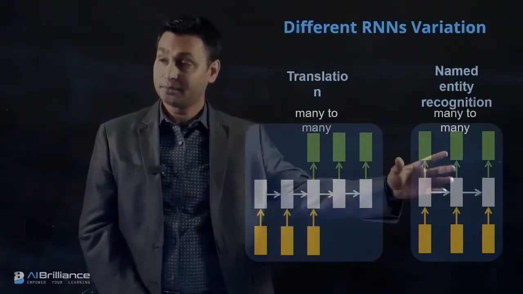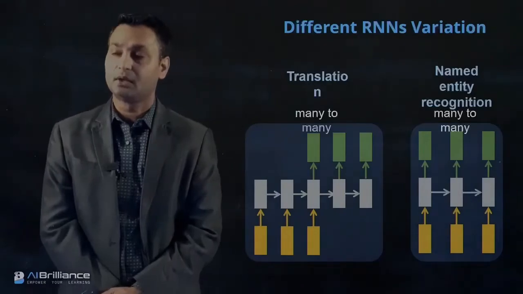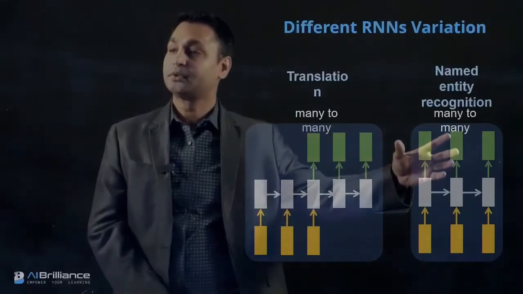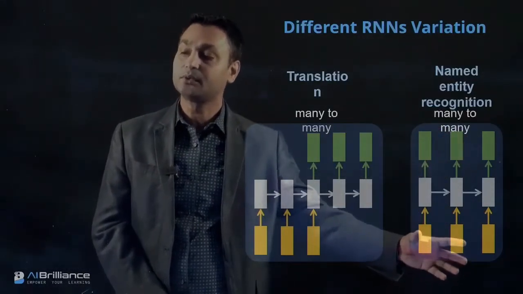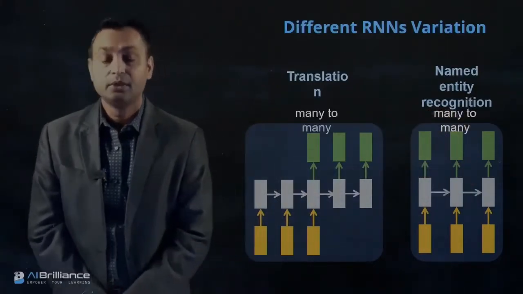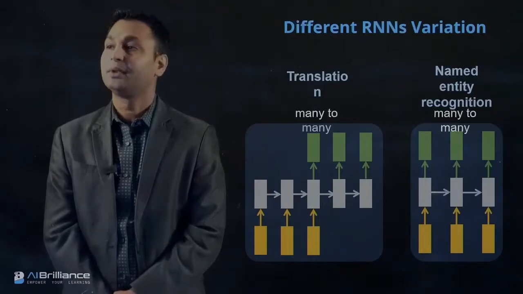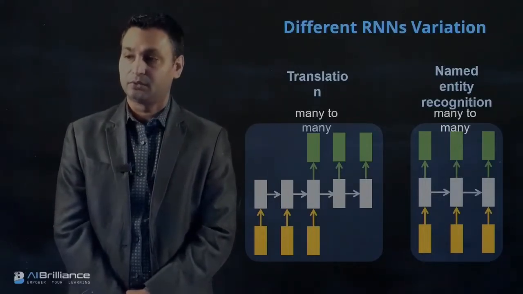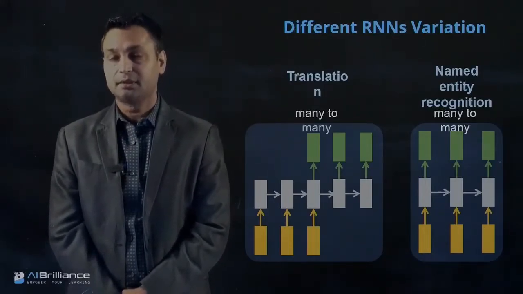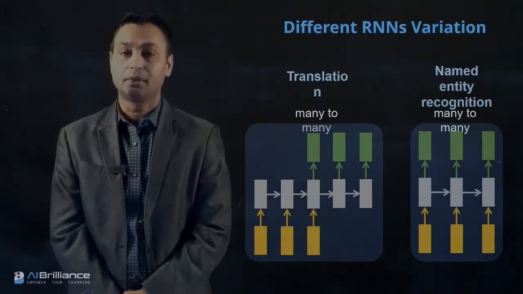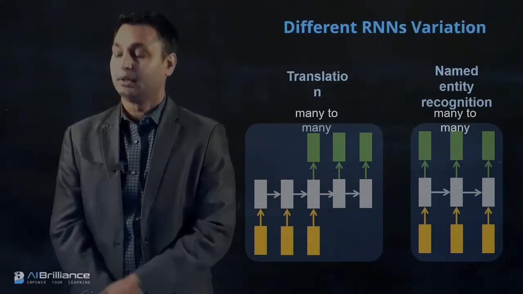Or one of the problems that I will motivate for the representation problem, the named entity problem, you will also have multiple inputs and multiple outputs. So these are the four main possible variations that you can have in RNN architectures, where the input to output mapping is slightly different. It will be one to many, many to one, or many to many mappings that you can have.